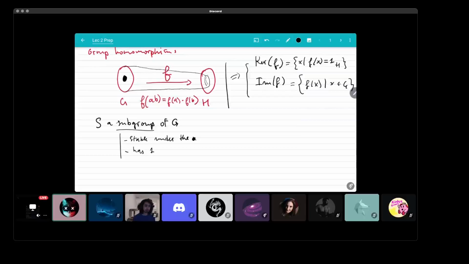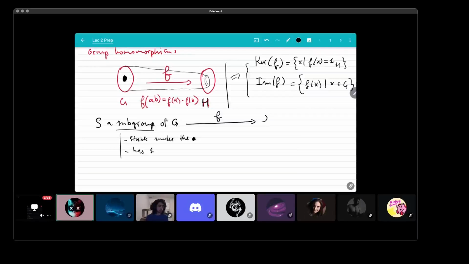So if S is a subgroup of G, it also gets transported by the morphism to the group H. So f of S is a subgroup of H, of f of G, which is the image of f.